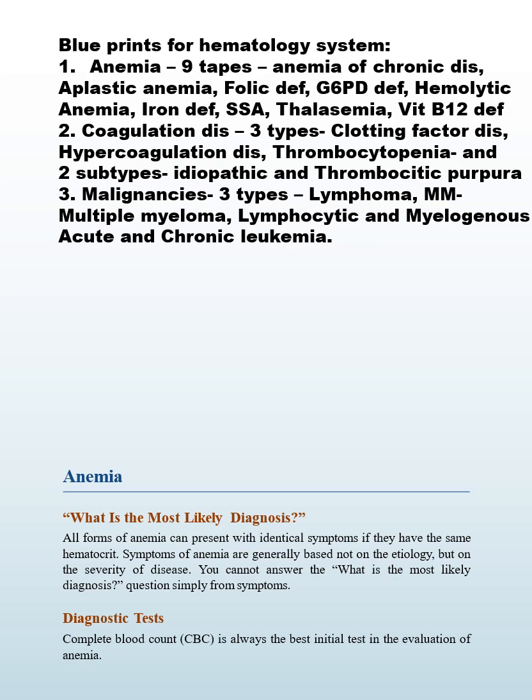Symptoms are usually based on the severity of the disease, and you cannot answer what the most likely diagnosis is because this is simply based on the symptoms. As for diagnostic tests, usually we need a CBC. This is the best initial test for evaluation of anemia.